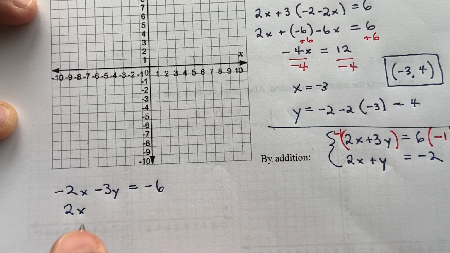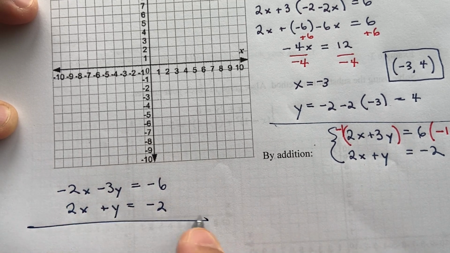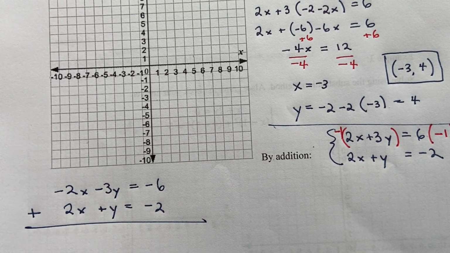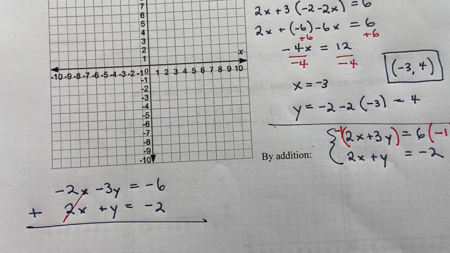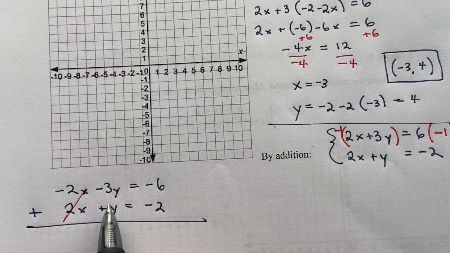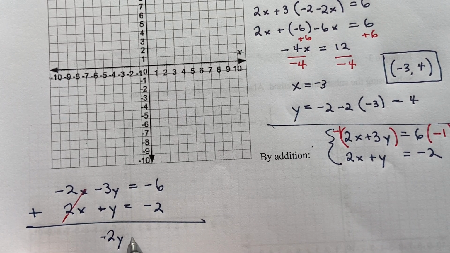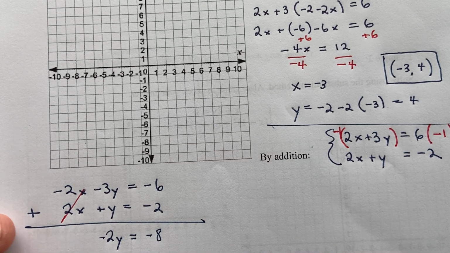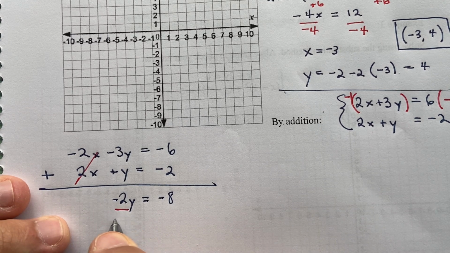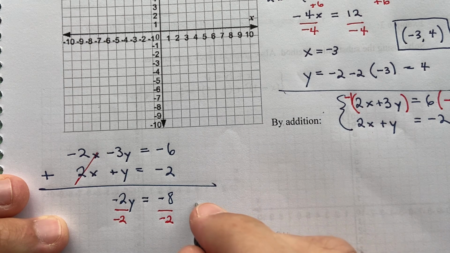I'll write that down. Now when we add these, we do get an elimination to occur, right? The -2x plus 2x, that just goes away. -3y plus y is -2y. And this would equal now -8. Solve for y. So y would equal 4.